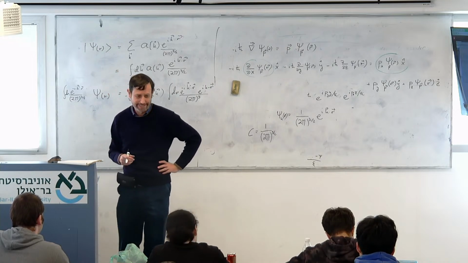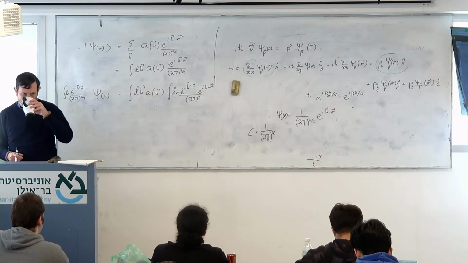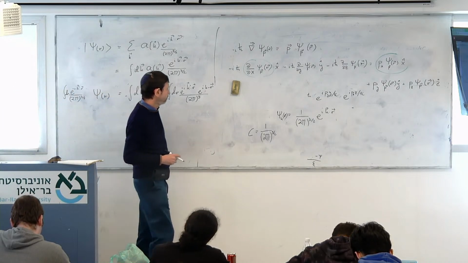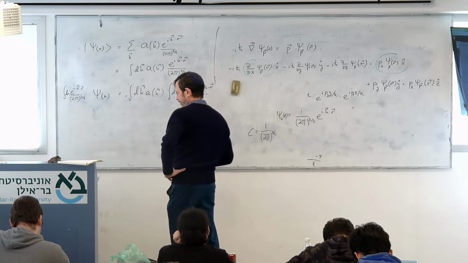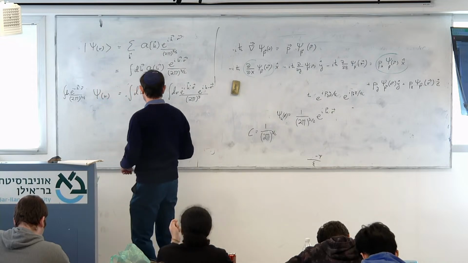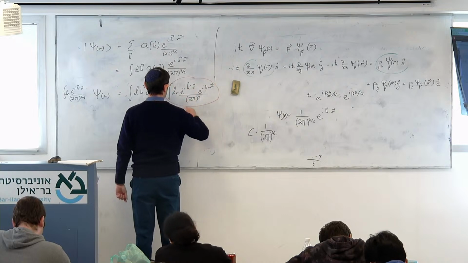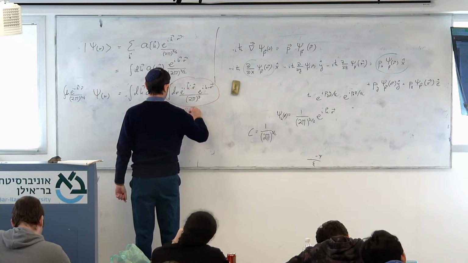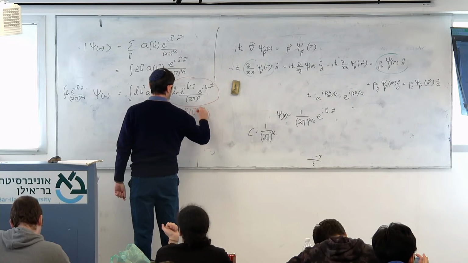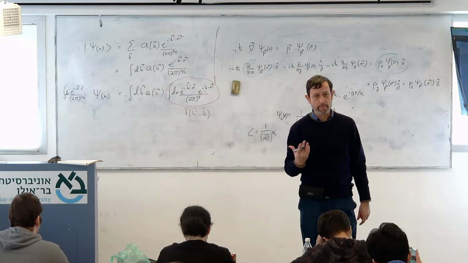It's a delta function, k prime minus k or k minus k prime.